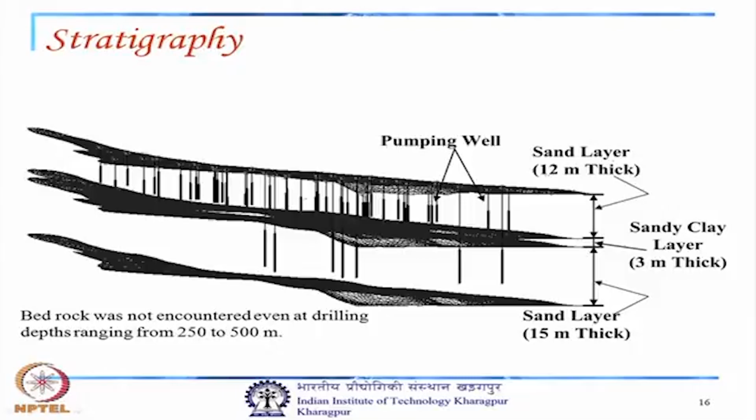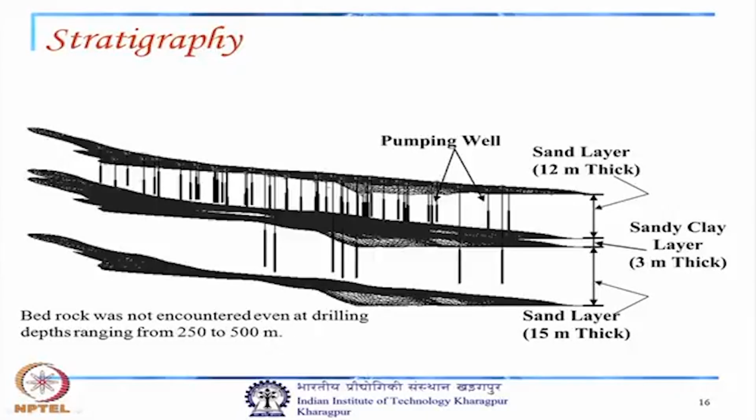So, this is the basic stratigraphy of the study area with the RL values from different sources. This model was prepared. These are the pumping wells, these are basically strainers, and it has been found that bedrock was not encountered even at drilling depths ranging from 250 to 500 meters.